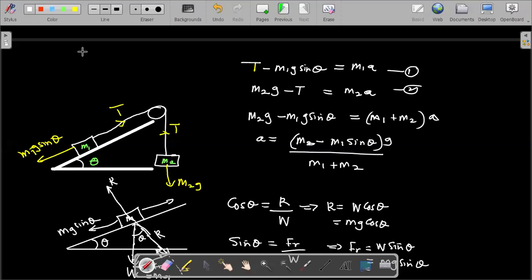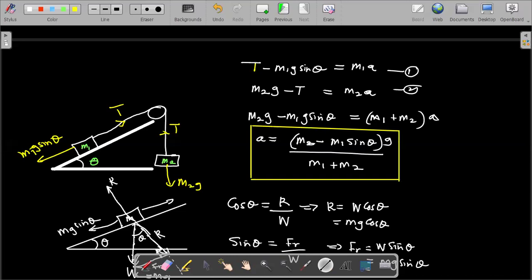So this gives the relation to calculate the acceleration of the system where we have an inclination, where M1 is sitting on the surface and M2 is dangling.